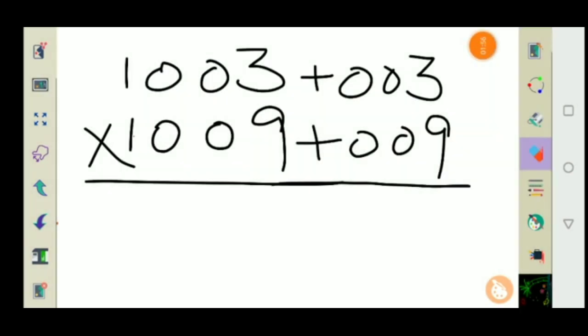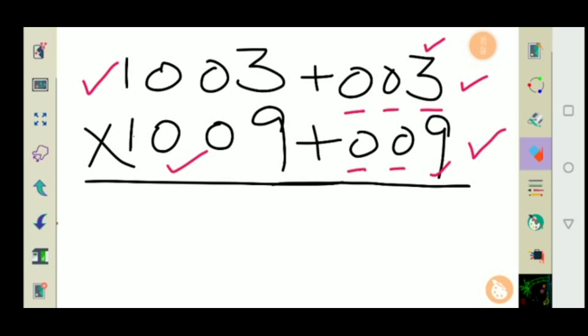Let's take another example so that you may not get confused. Here you are to multiply 1003 with 1009. Now here the base is obviously 1000 and 1003 is 3 more than 1000. 1009 is 9 more than 1000. But see, I am not writing here 3 only or 9 only. What I am doing, I am writing 003. Why?